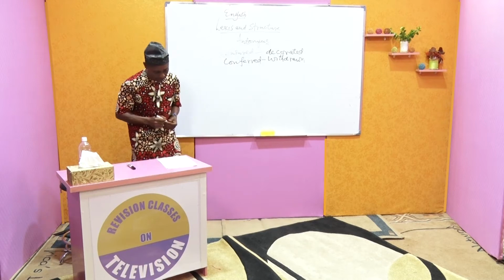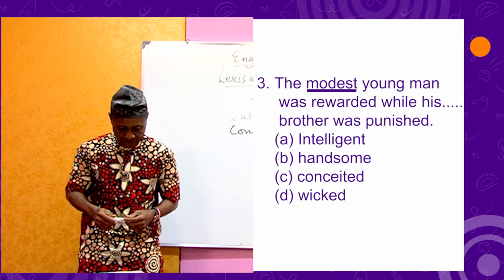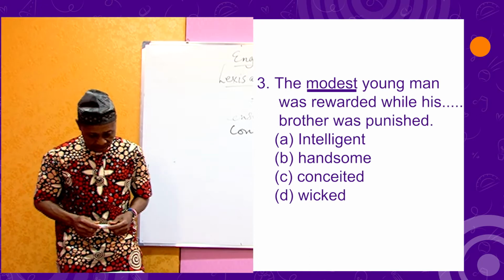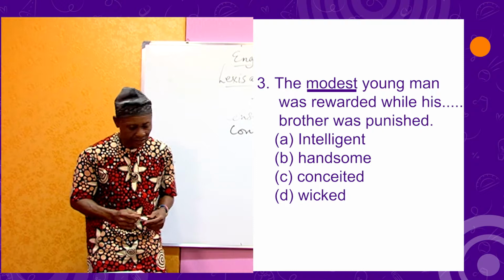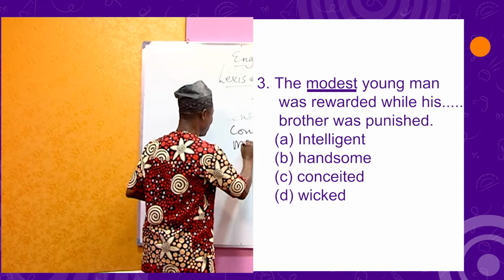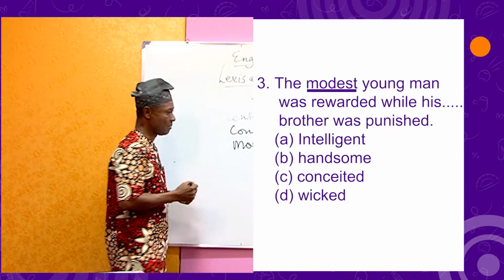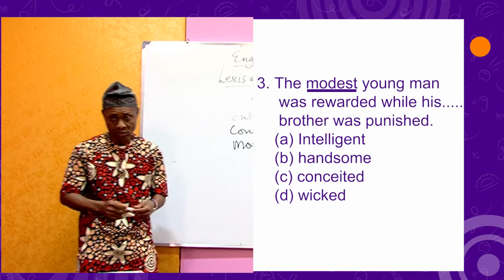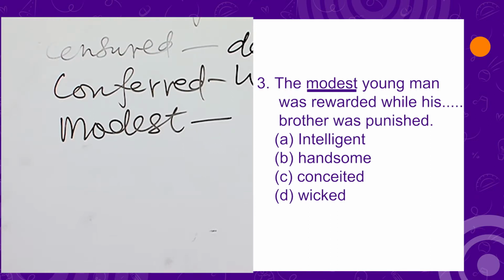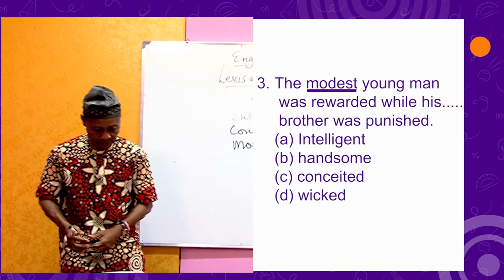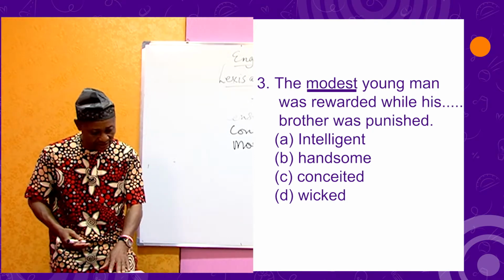Now we look at question number 3. The modest young man was rewarded while his brother was punished. The underlined word is modest. And of course, when somebody is modest, the person is reserved about giving people his qualities or what he knows. He doesn't want to talk or boast about his true nature. Now we have the following options. We have option A, intelligent.